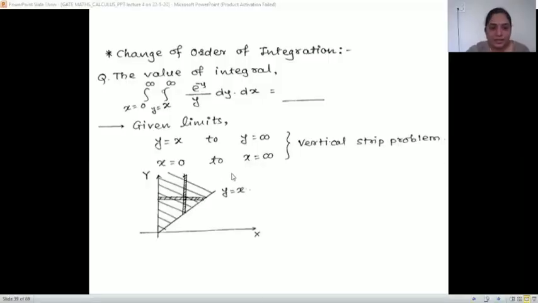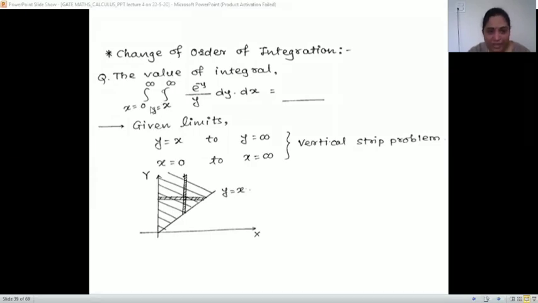We have written y is equal to x and y is infinity, and x is 0 and x is infinity. To change the order, here y is first, so we have to convert it into x is equal to; we have to change the limits from y to x first. Inside the integral we'll think about later.